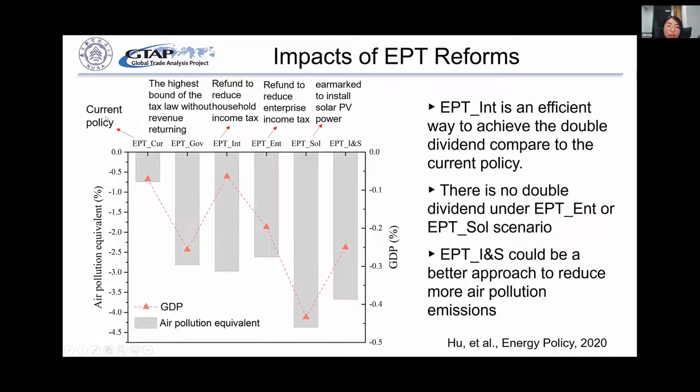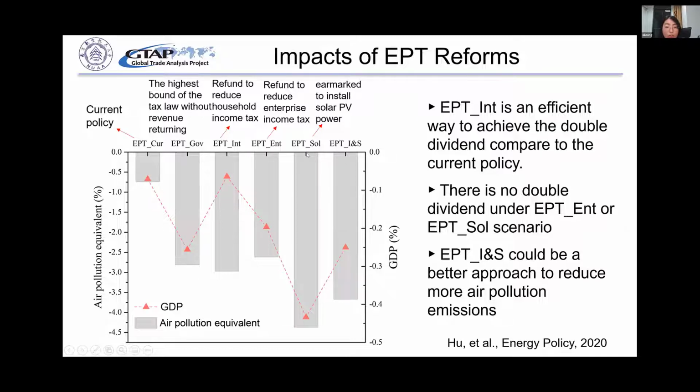Scenario 1 is our current policy, and scenario 2 is the highest bound of the tax law, where we increase the tax rate to the largest, but without revenue return. The third scenario is that we use the highest tax rate and refund the revenues to reduce household income tax. The fourth scenario is that we refund the revenues to reduce enterprise income tax.